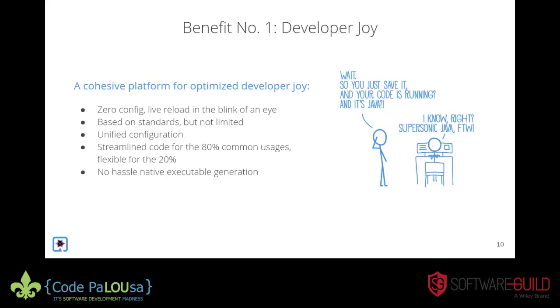We've also streamlined the code for 80% of the common use cases and made it flexible for the other 20. As far as library support is concerned, we've got a couple different ways to approach that.